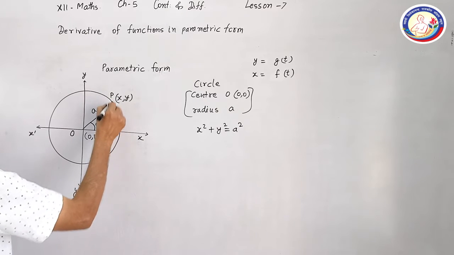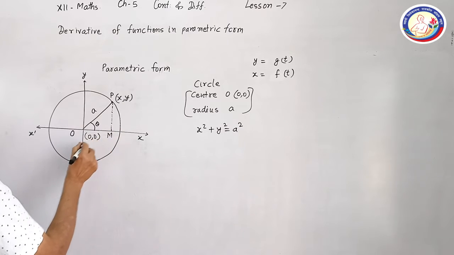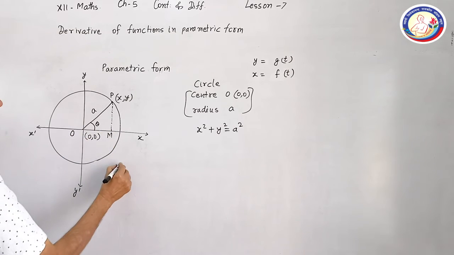Draw a perpendicular from P on this line. It meets here at M, and OM is the base here.